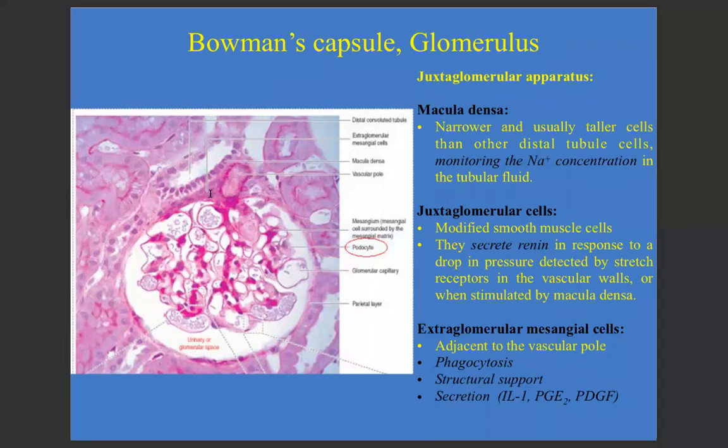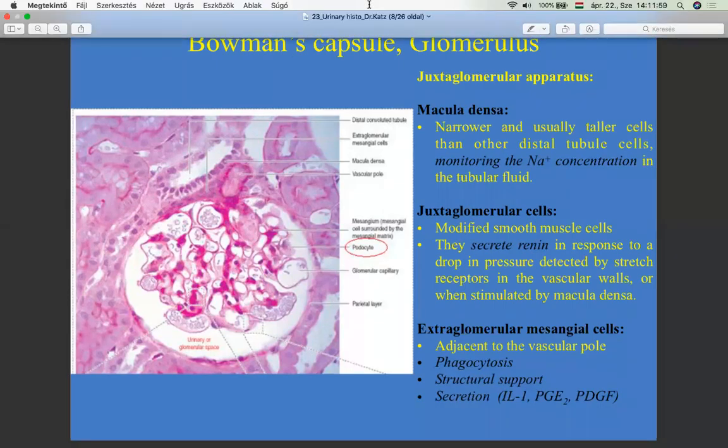Now, Dr. Katz? Yes. I'm sorry to interrupt, but I think Christina is in the waiting room to get into the class. She says there's no waiting room. Okay, it's like loading for her. I don't know if you can see it, or I can ask her to try to connect again.